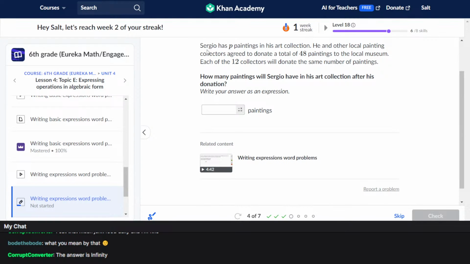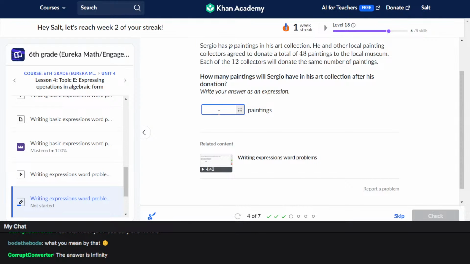Sergio has P paintings in his art collection. He and other local painting collectors agreed to donate a total of 48 paintings to the local museum. Each of the 12 collectors will donate the same number of paintings. How many paintings will Sergio have in his art collection after his donation?